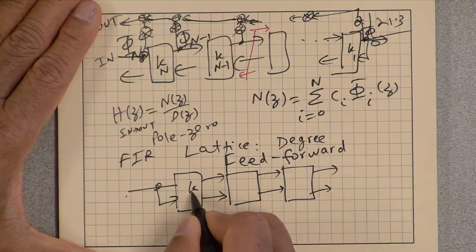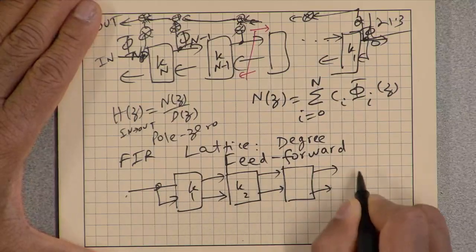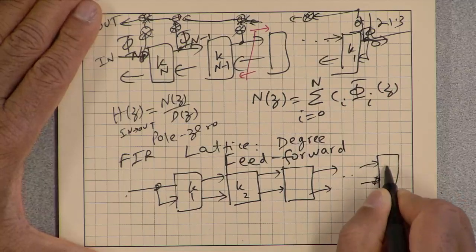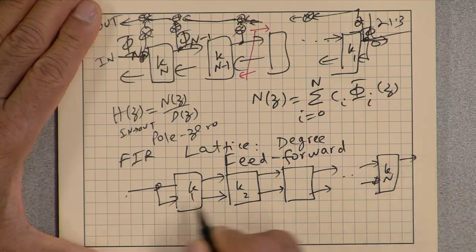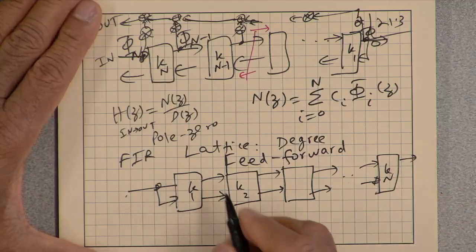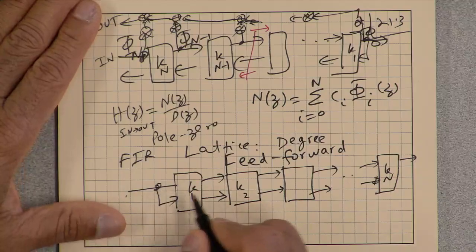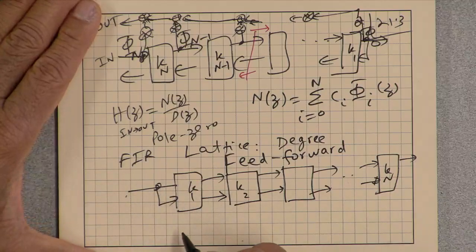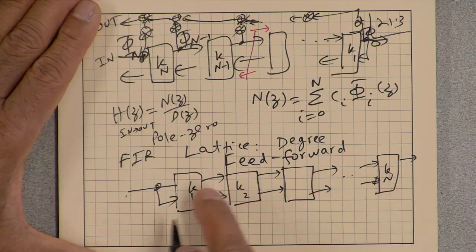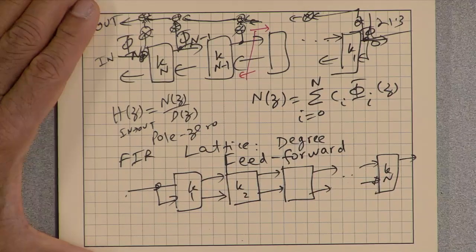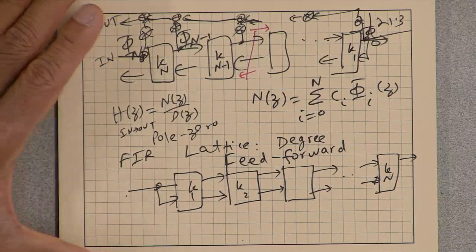So here we start with K1, K2 and go up to Kn at the end, and because this polynomial is just a constant when we start, all the data go forward in both top and bottom paths, and that's called the FIR lattice.